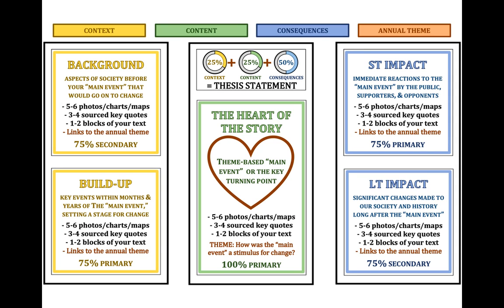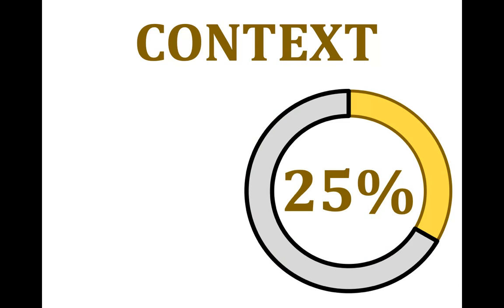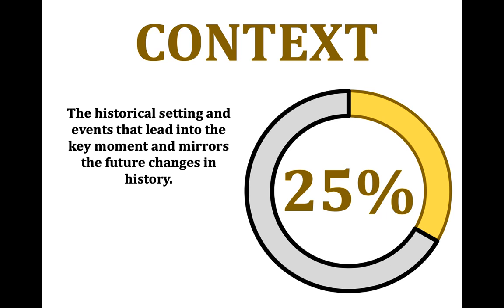But before we get to consequences, we need to focus on our first C, which is context. Context should make up about 25% of your thesis statement, and it should always be the first thing that your viewers read. Why? Because context is the historical setting.